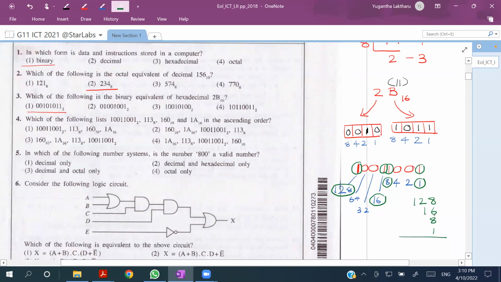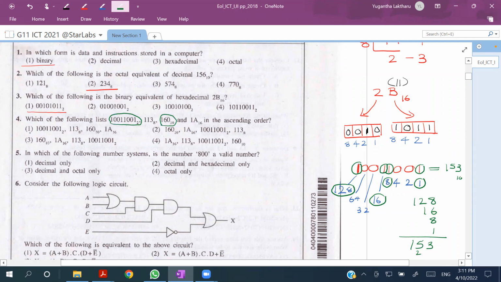So 8 plus 6 is 14, 14 plus 8 is 22, and 23, 2 is remaining. It is 153, right? So this gives us 153 in decimal. So definitely the value 160 should come after the binary value.